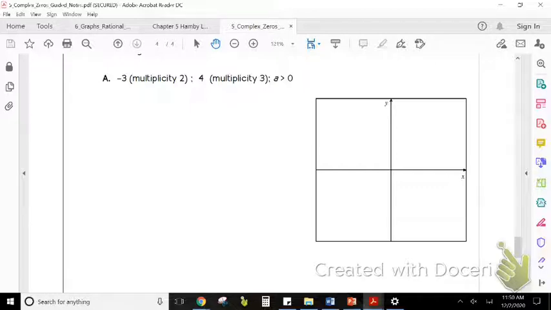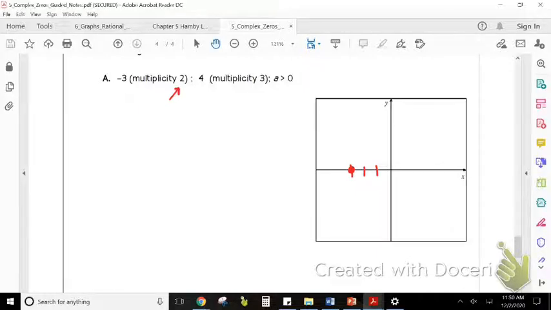So when I go to graph this, it told me I have a 0 at negative 3 with multiplicity of 2. Now remember, multiplicity of 2 means that it's really there twice. And we had talked about even and odd multiplicity, and it tells us whether it's going to cross our x-axis or touch and turn.